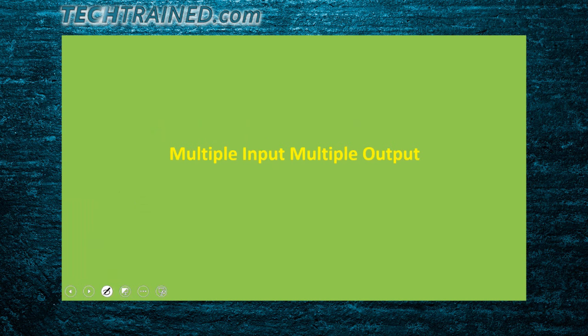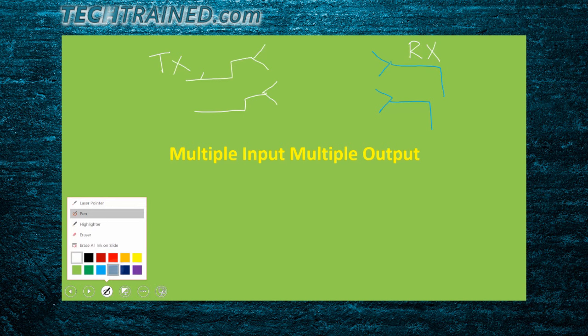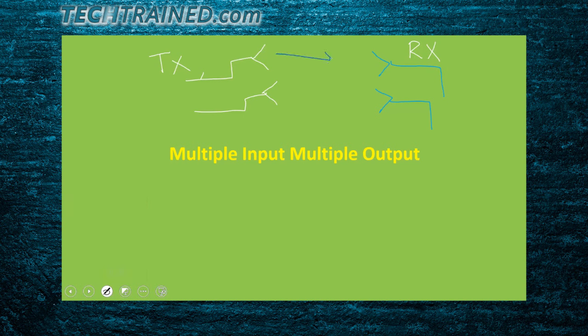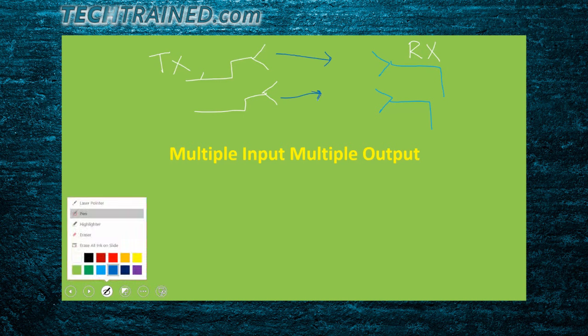In the case of spatial multiplexing, the idea is simple. Let's say you have 2 antennas at the transmitting end, this is the transmission side and this is the receiving side. Rather than transmitting just one stream of information, 2 streams of information can be transmitted. So in the same amount of time, the user can receive twice the amount of information using 2 antennas.